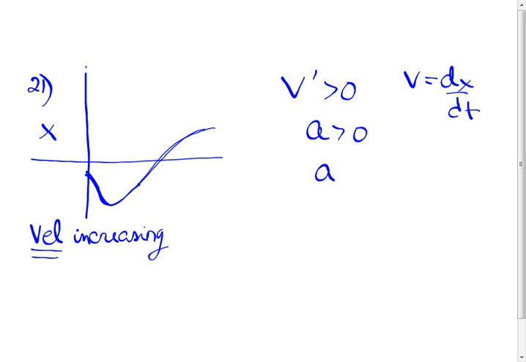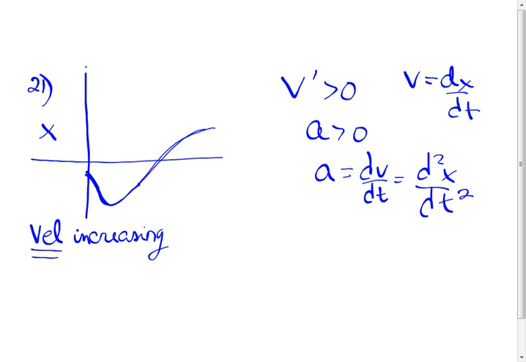So what's a equal to? dv dt, which is the second derivative of the position. So that's one reason why it's hard, and you're given the position. They're asking where is the velocity increasing, not is the particle speeding up or slowing down. This is a velocity question.